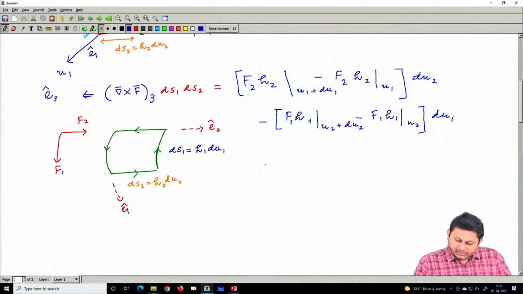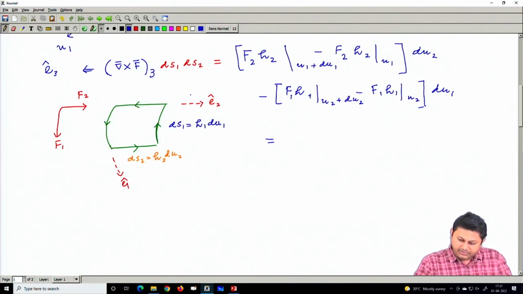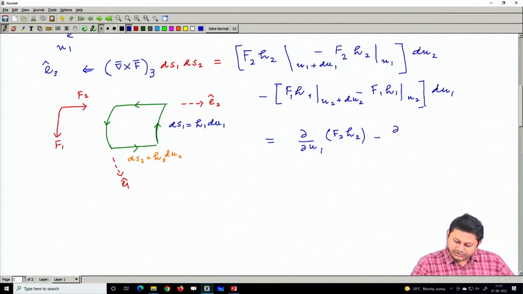So if I calculate, then simply it gives me this H1 S1 S2, I put it here. So I can simply get the partial derivative with respect to U1 of F2 H2 and then minus of partial derivative with respect to U2 of F1 H1.